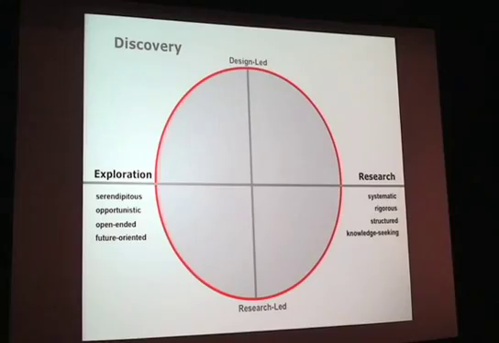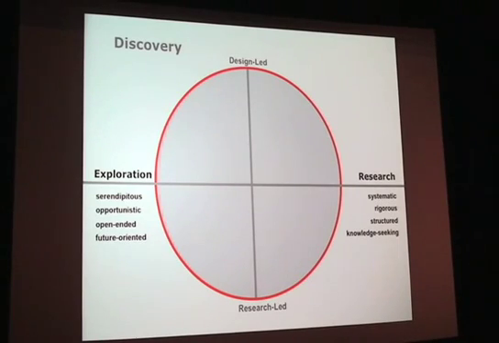But let's propose that there are two kinds of discovery going on in the front end. One kind of discovery is exploration. The other kind is research. I'm defining those to make it clear, because I think people have their own definitions of these terms.